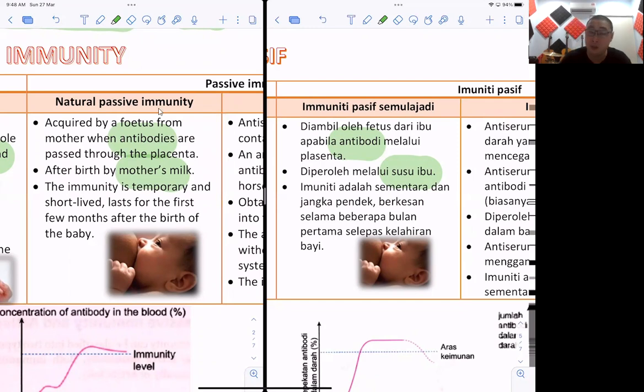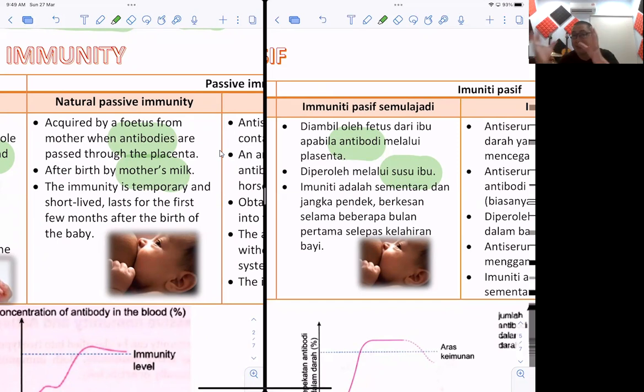But for this natural passive immunity, especially from the mother's milk, as long as the baby drank the mother's milk, and again, this is the fun part, and if the mother is healthy during that period, both mother and baby most likely will not suffer from any kind of illness. It's like a shield.